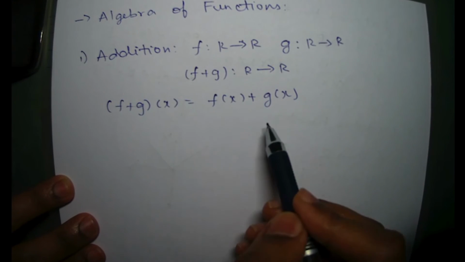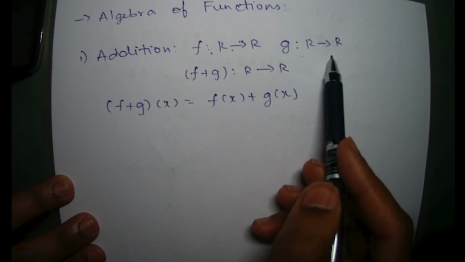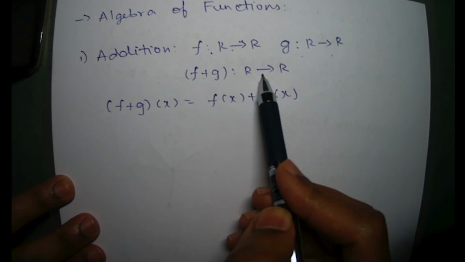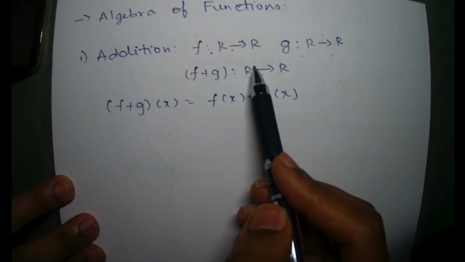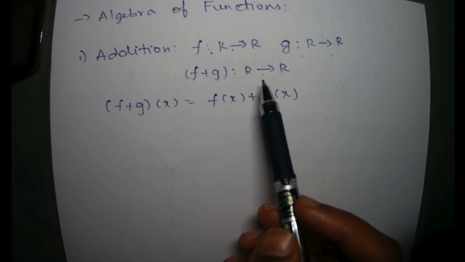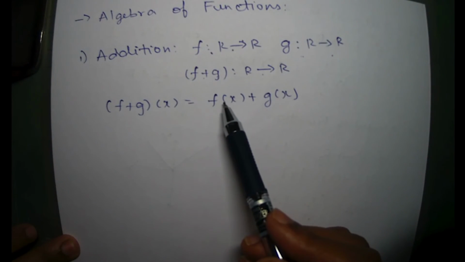So this equation holds good only if f is defined in real numbers, g is defined in real numbers, and f plus g is also defined in real numbers. If at least one of these conditions is not satisfied, then this equation does not hold true. So it is mandatory that all three conditions are satisfied for this equation to hold true.